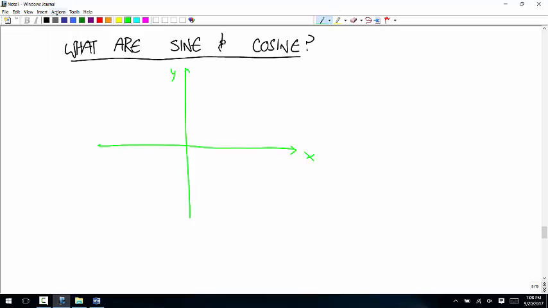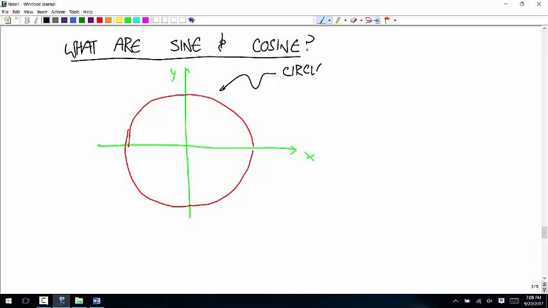Let's say that circle has a radius of 1. It's called the unit circle because of the radius of 1.